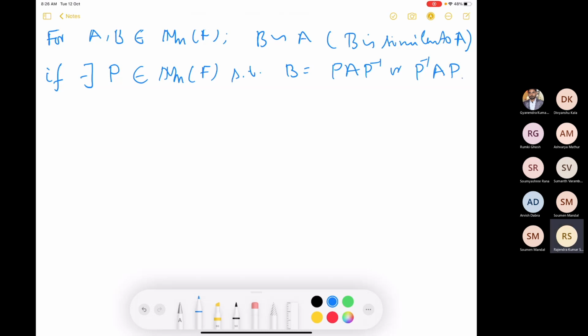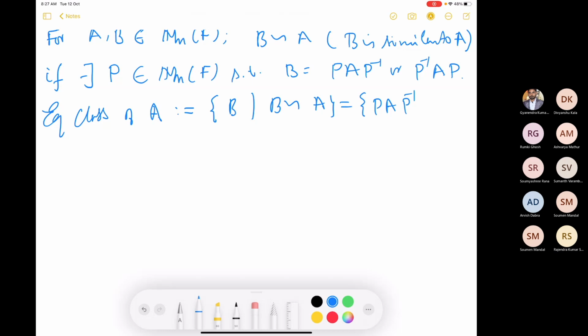And once again, we get the classes. So the equivalence class of A is the set of all matrices B such that B is similar to A. And this is the same as PAP inverse for every P in M_n(F), where P is regular, that is, invertible.